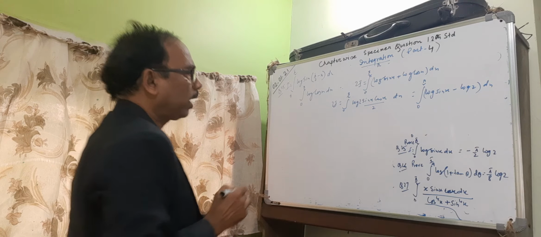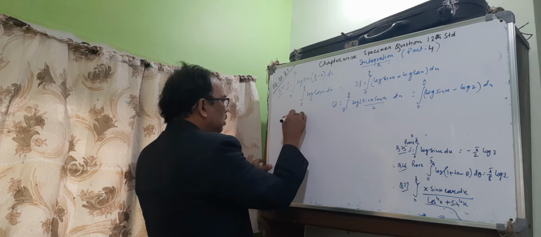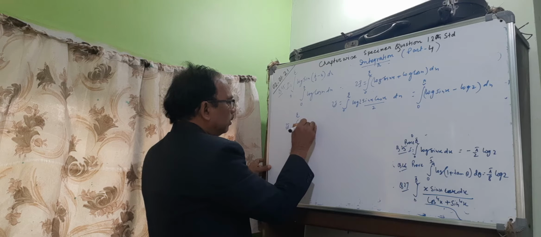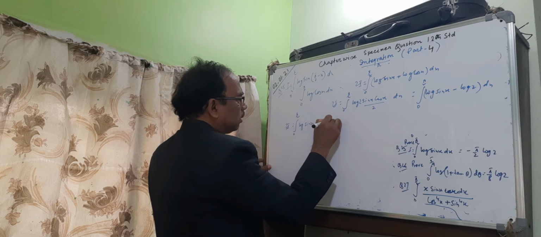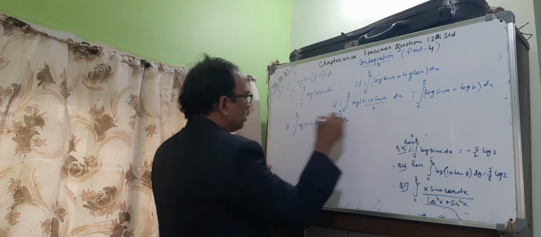So 2I equals integral from 0 to pi by 2 of log sin 2x dx minus log 2 times integral from 0 to pi by 2 of dx.